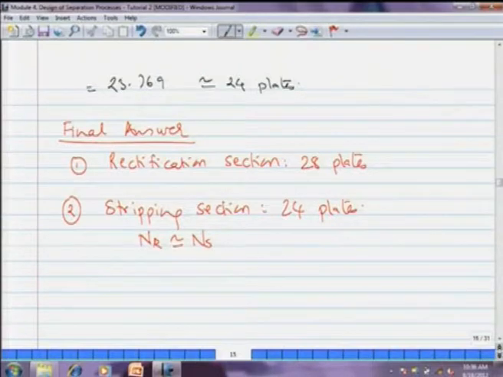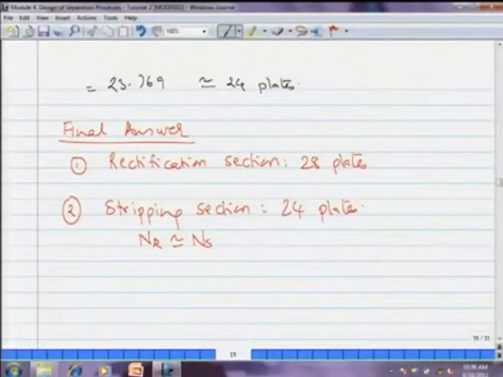Now, typically for a close boiling mixture where alpha is anywhere between 1.2 to 1.5, 1.6, this is the answer that you are likely to get, that the number of plates in rectification and stripping section are more or less the same. Here we have only a difference of 4 plates, but if you see the percentage difference, 4 divided by 24 is only about 15%.